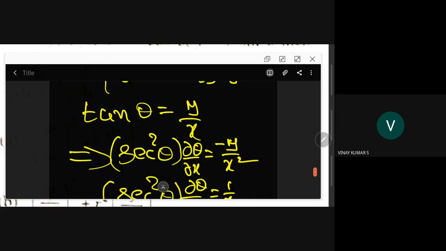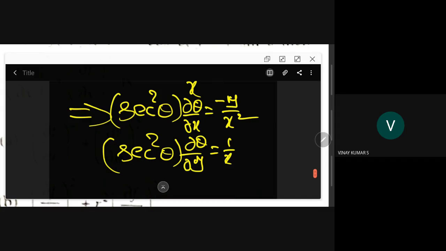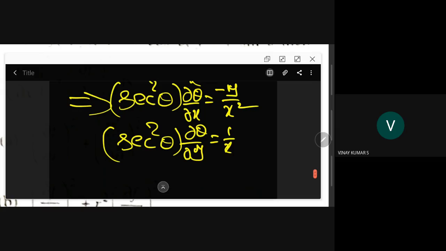∂theta/∂x is secant square theta. What is secant theta? Secant theta is 1 by cos. So good.